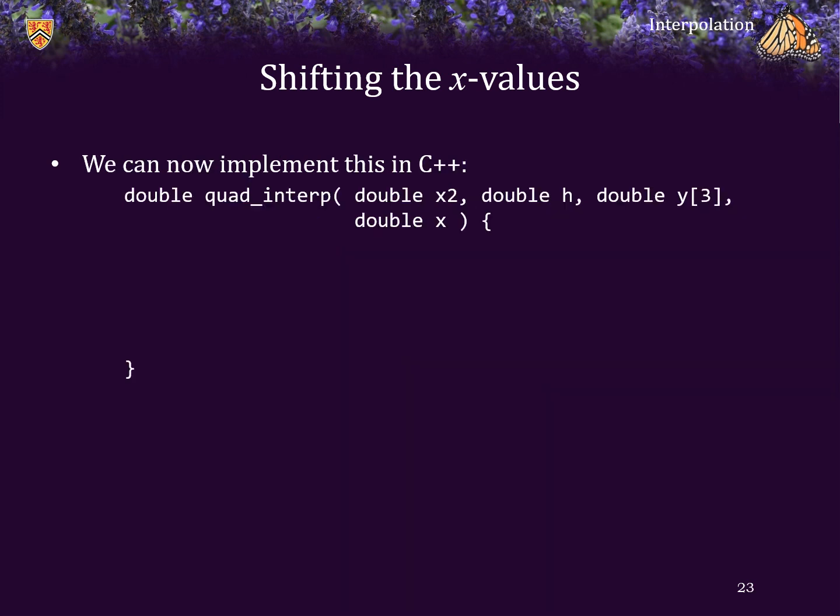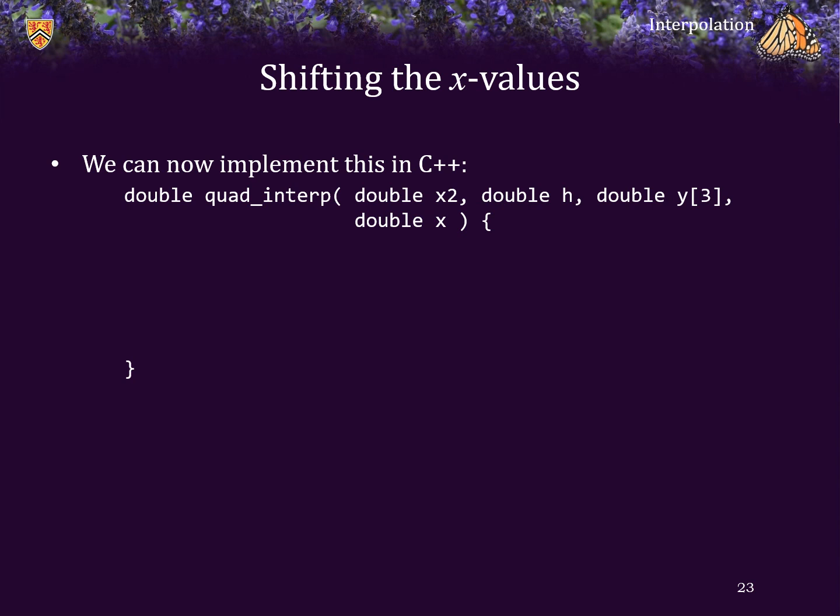We can even implement this in C++. Here, the first argument is x2 and the second argument is h. So the 3 points are x2 minus h, x2, and x2 plus h. The 3 y values are passed as an array of 3 values.